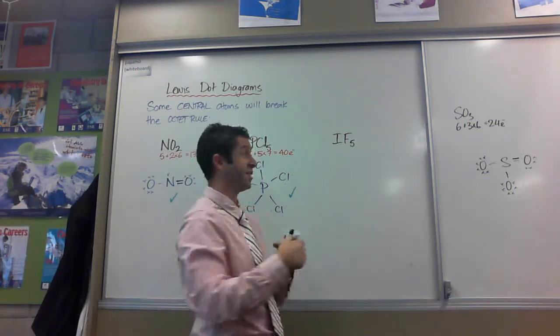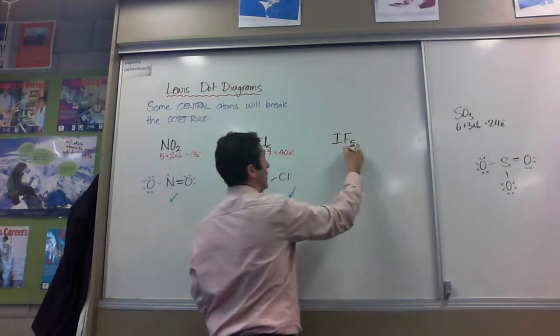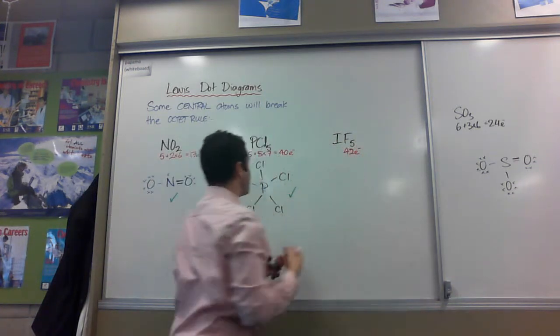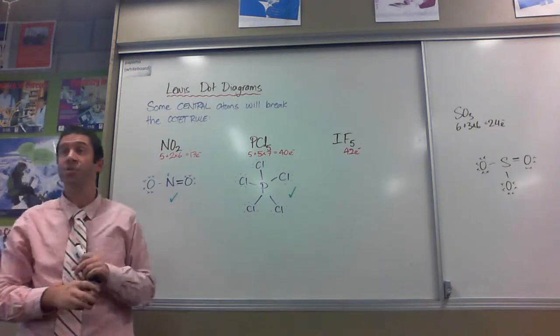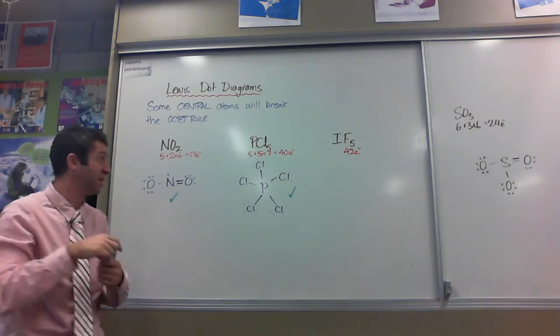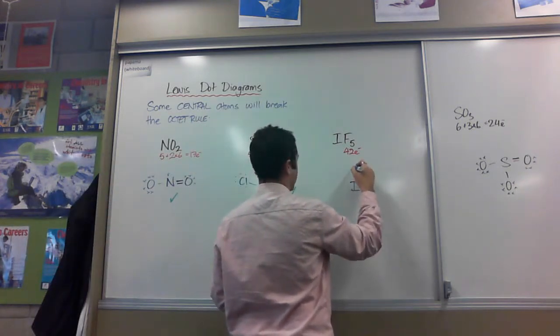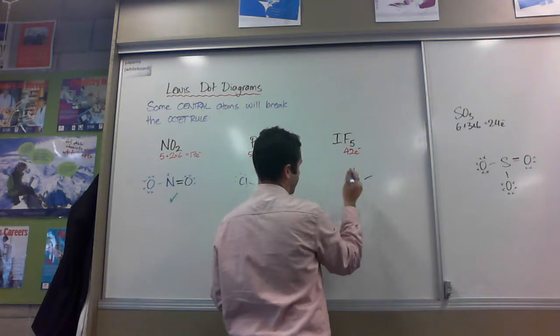Iodine's got 7 valence electrons, so this is going to have 2 more electrons. It's going to have 42 electrons. So if I was to do the same thing as my phosphorus pentachloride, makes sense, 1 central atom, 5 around it, have a look at what happens.